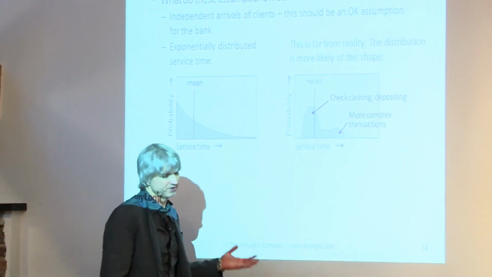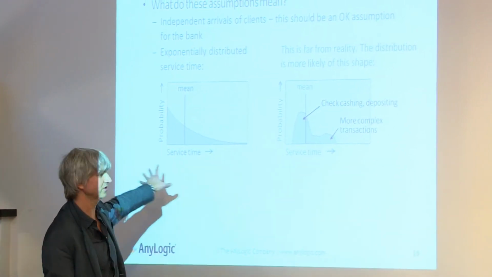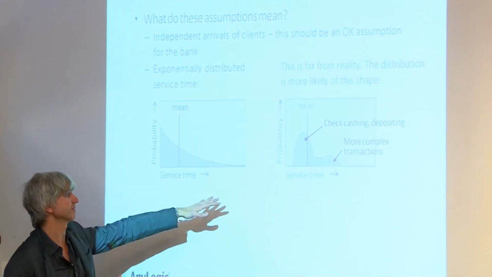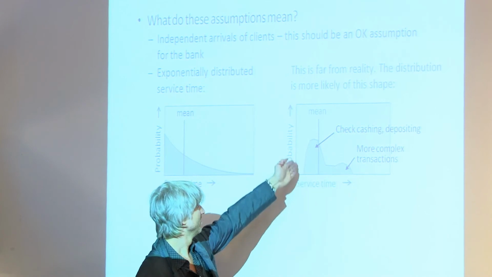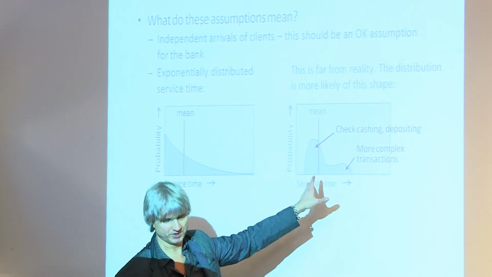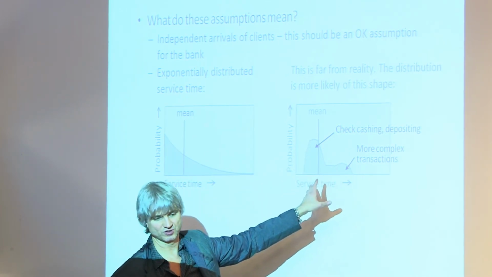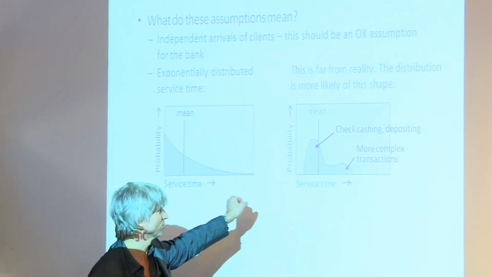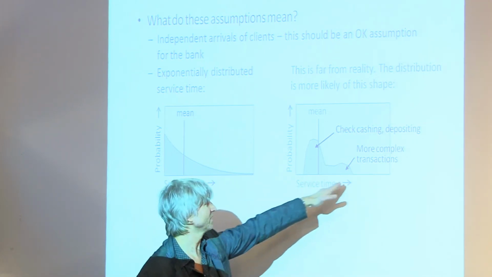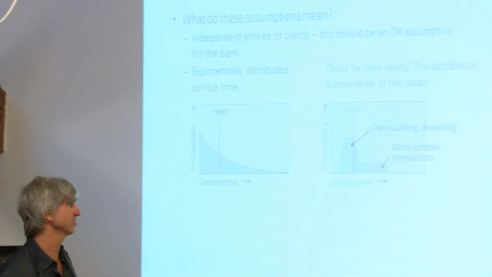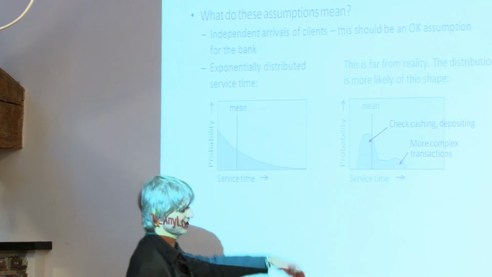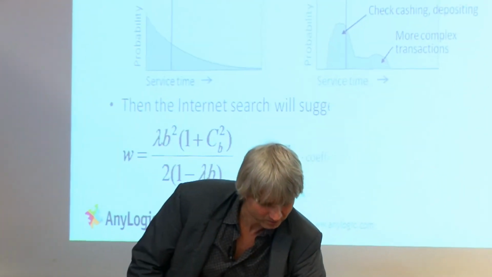In reality, if you think about how the bank works, the service time is never distributed like that. There are many people with short operations, like cash a check or whatever, and few people with more complex transactions, like open an account or close an account. So service time is distributed like that.